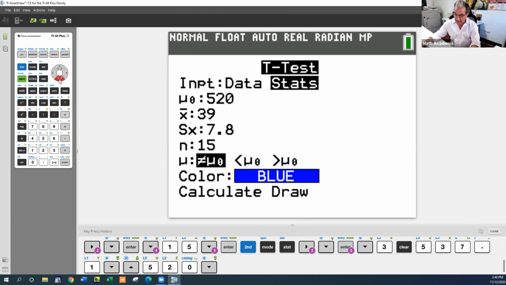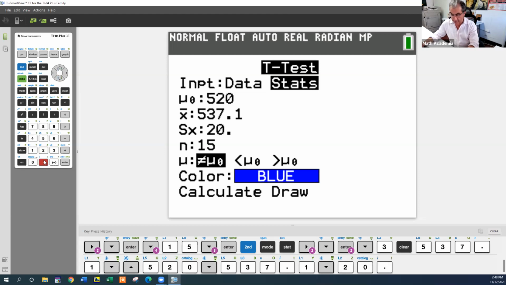So you go down, x bar, we found that to be 537.1. And the standard deviation, we found that to be 20.7, and n was 10 because we had 10 items.